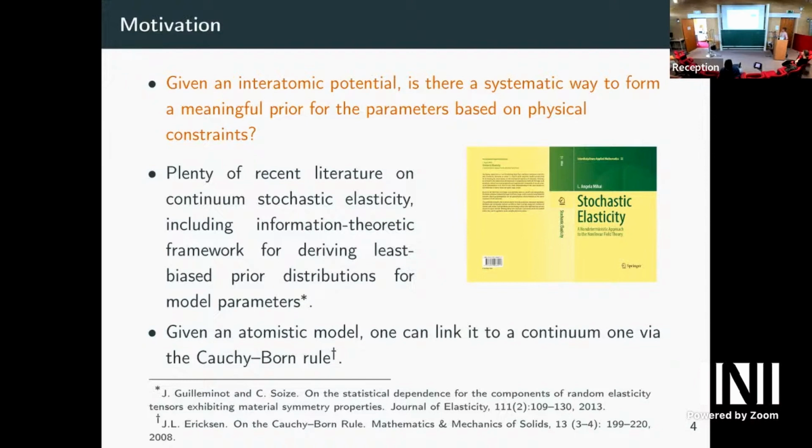Some of the lectures were related to using an information theoretic framework to derive least biased prior distributions for model parameters at the continuum level. And the idea is that if you have an atomistic model, you can link it to the continuum by what is called the Cauchy-Born rule. We explored how these two can be combined to say something about the question at the top.